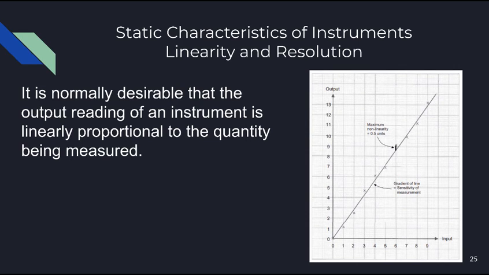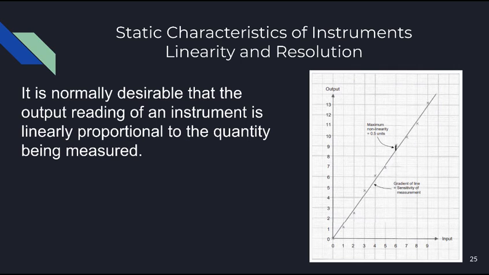It is normally desirable that the output reading of an instrument is linearly proportional to the quantity being measured. The X's marked on this plot show the typical output readings of an instrument when a sequence of input quantities are applied to it. Normal procedure is to draw a good fit straight line through the X's as shown here. This can be done pretty accurately by eye, but it is always preferable to apply a mathematical technique such as least squared line fitting.